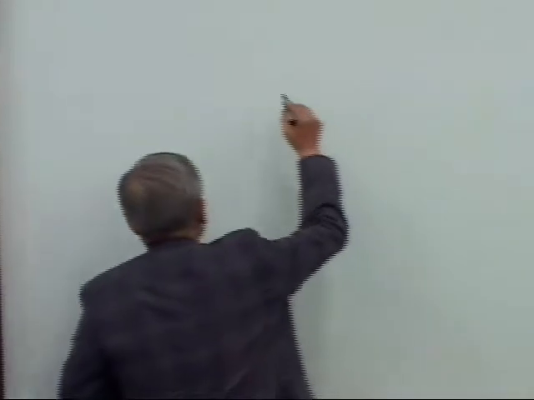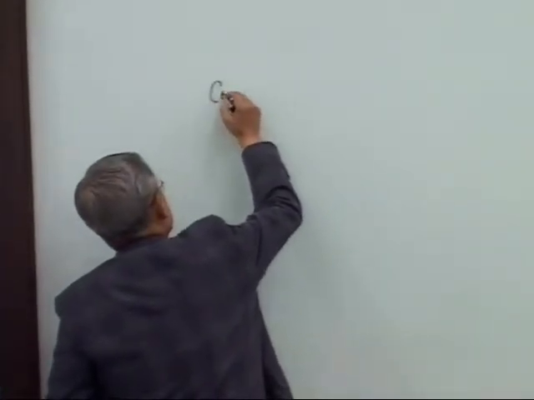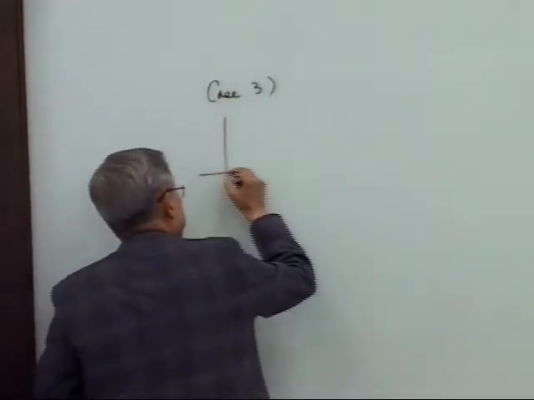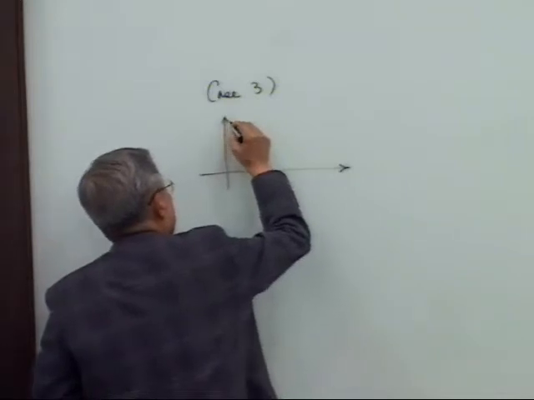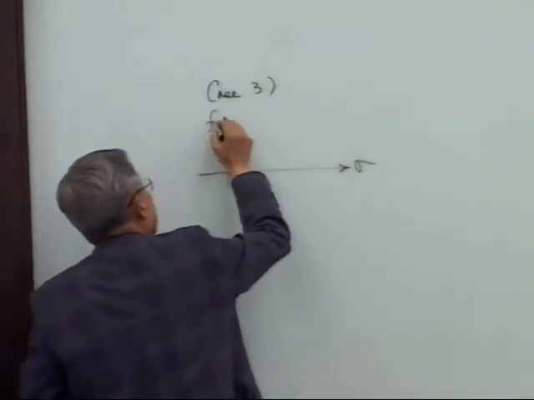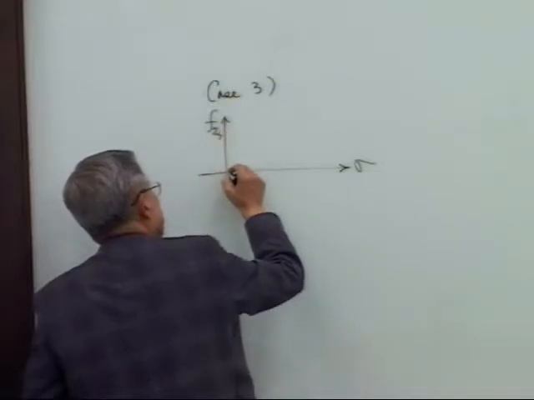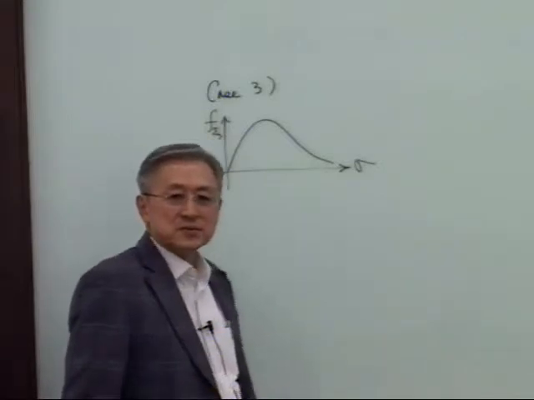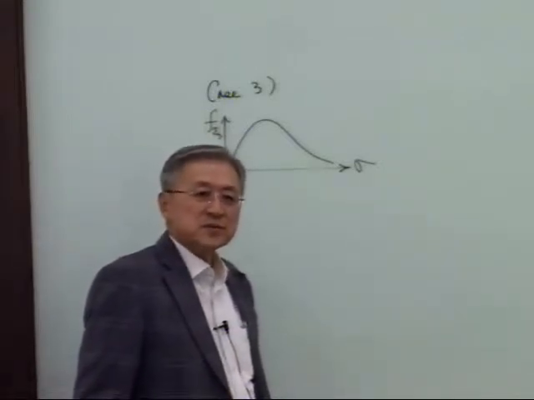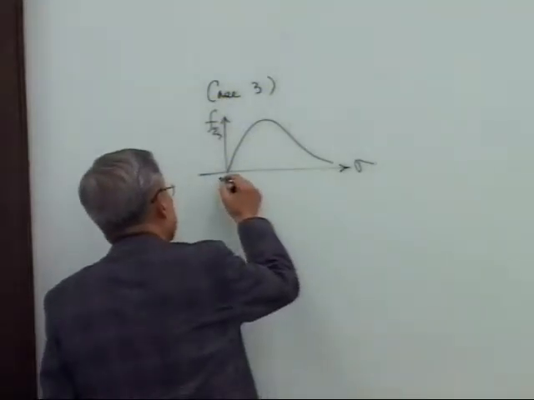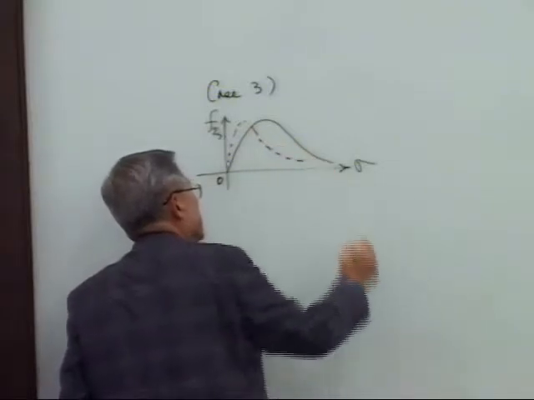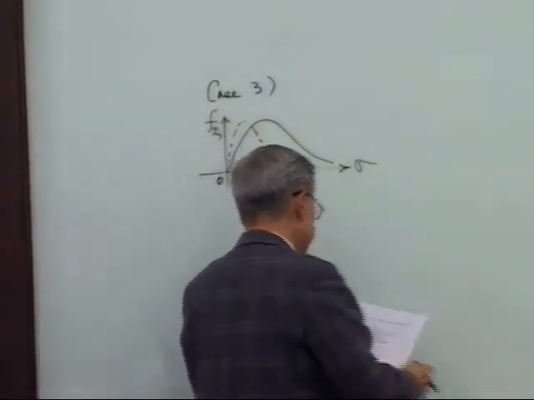Which is case number 3, and the basic model is like this. Of course, it has a skewness in the model. Usually it starts from 0. So this or this doesn't make any difference.